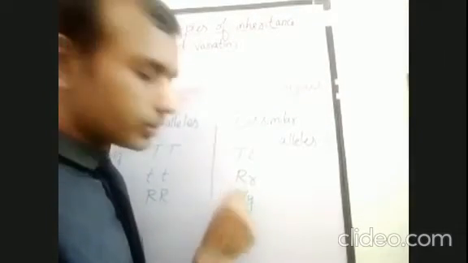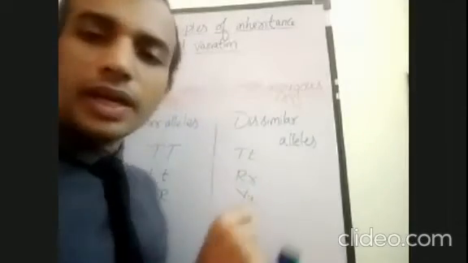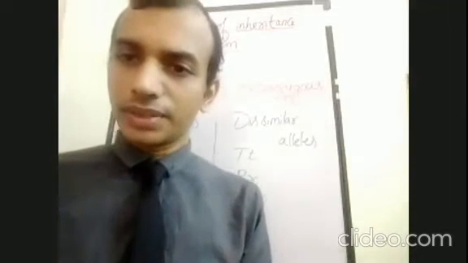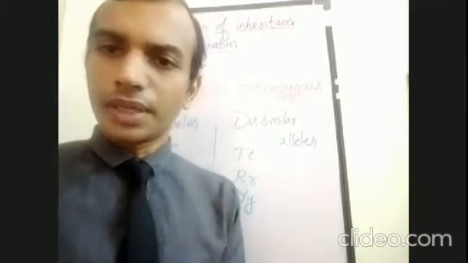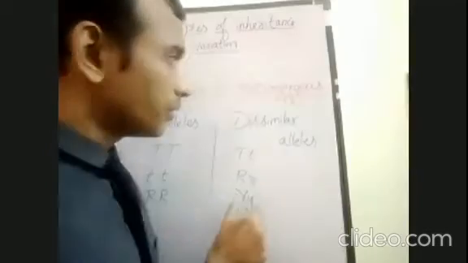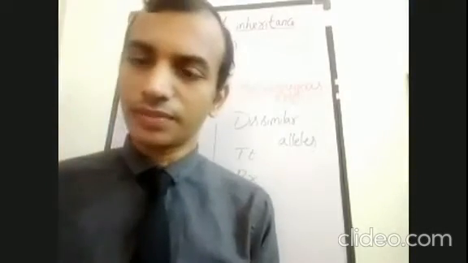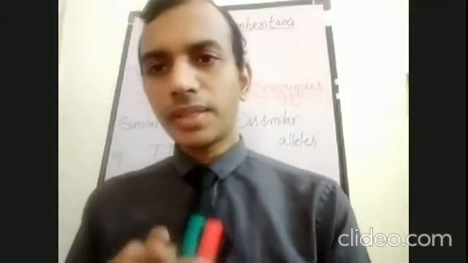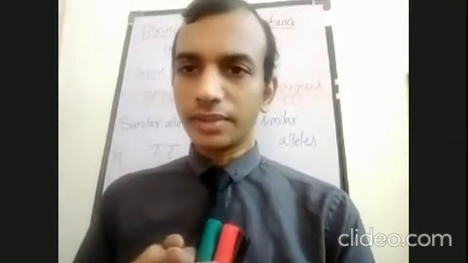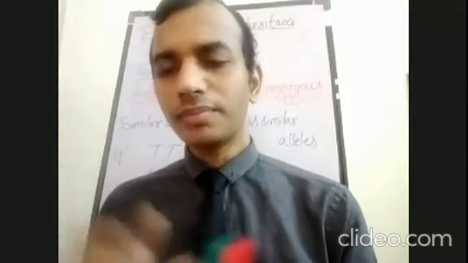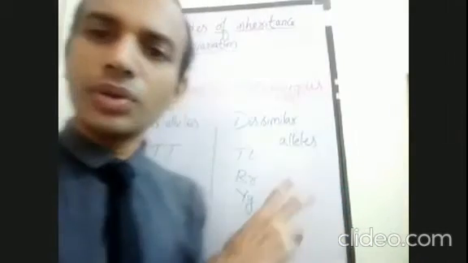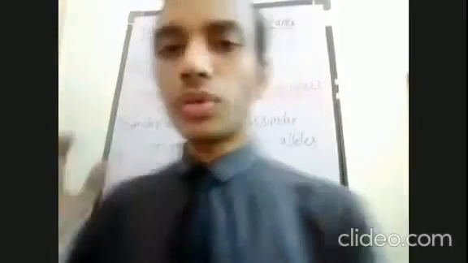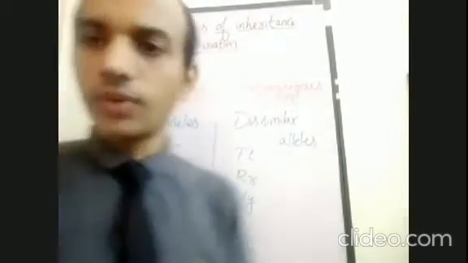If these two different alleles are present together, then we call them heterozygous. That means for any particular character, some organism may have the same kind of alleles, whereas some other organism may have two different kinds of alleles. So likewise, we call them homozygous and heterozygous.